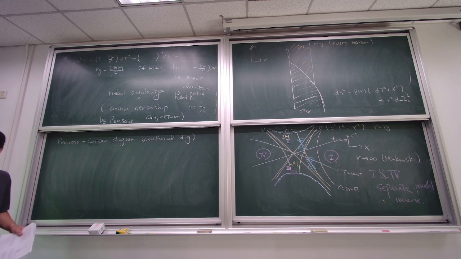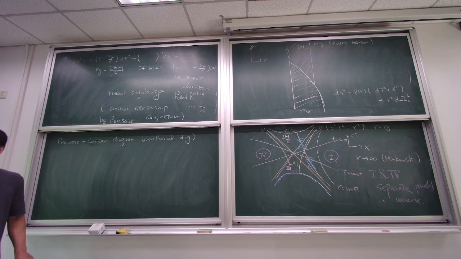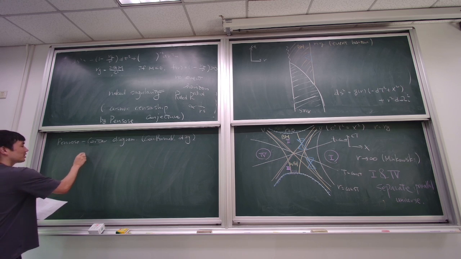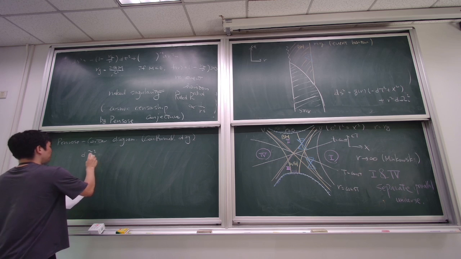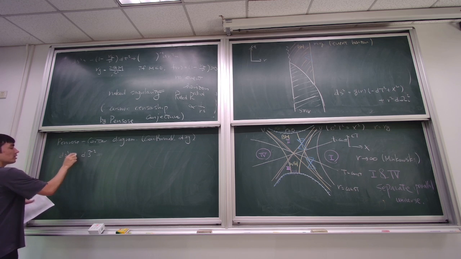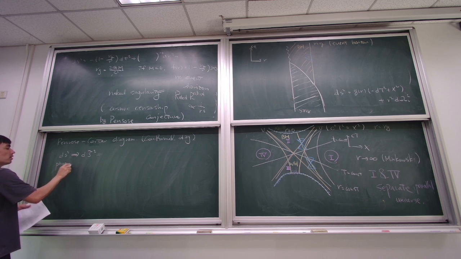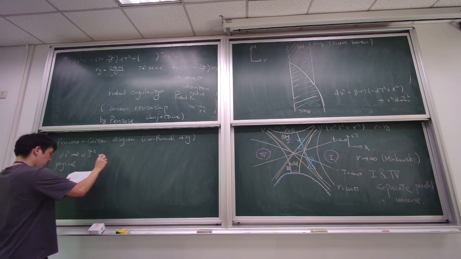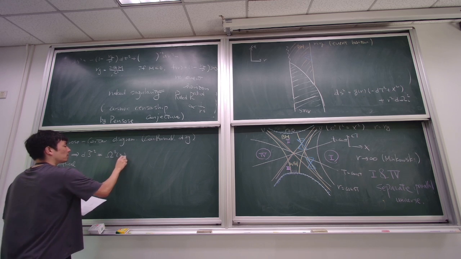That's the idea, a very simple idea. But caution needs to be paid, because you just change the metric this way: d s tilde squared equals omega squared of x times ds squared. This ds squared is the physical metric.